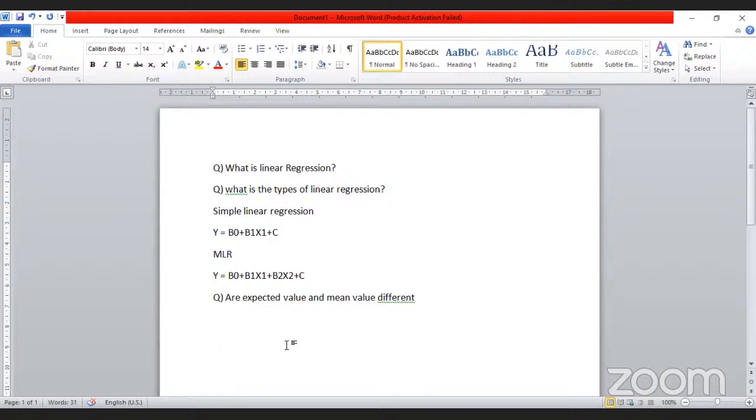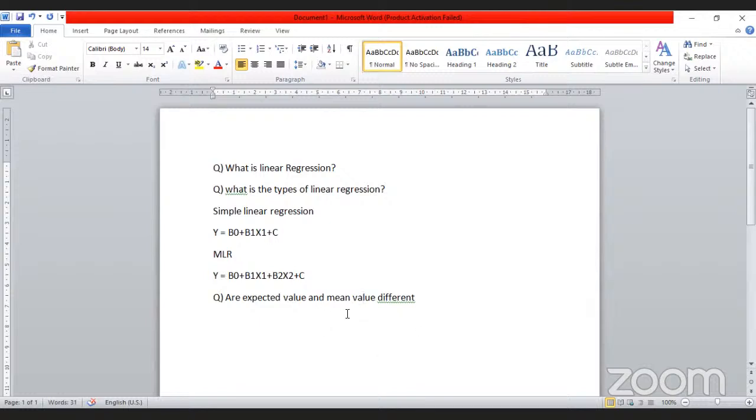For distribution purposes, mean value and expected value are the same. In sampling data, the means of the samples are different, and expected value means the mean of all means. For example, we have 100 variables, our population data. From there we are taking 30 samples.